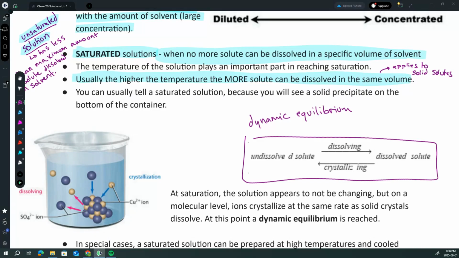So they're going from aqueous to solid at the same rate as your solid crystals are dissolving. Okay, and that's what dynamic equilibrium is: you have these equal rates of dissolving and crystallization happening. And that occurs in a saturated solution.